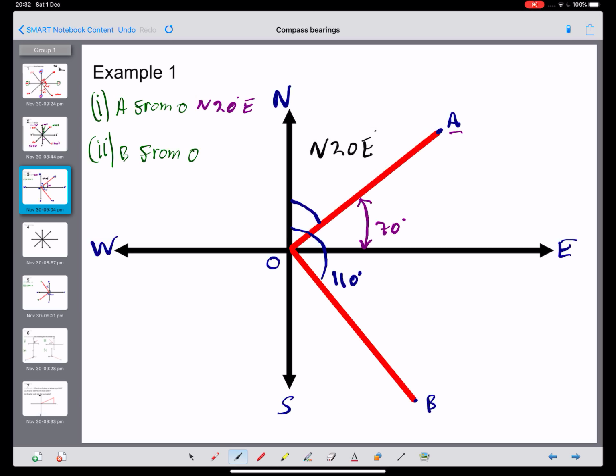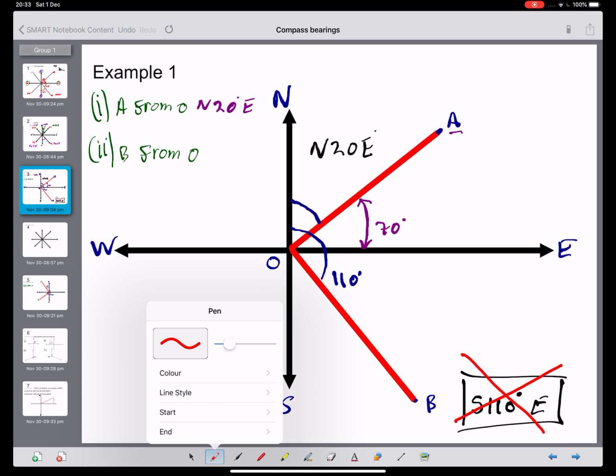Okay, so let's write B from O. Now, using the same logic, B is going to be south east. Now I want you to think why this compass bearing is wrong. This compass bearing is definitely wrong. Can you come up with an explanation why? Pause the video if you need to. Okay, so this compass bearing is definitely wrong, put a cross there, because we haven't measured from the south.